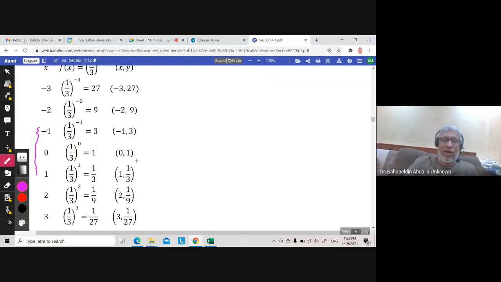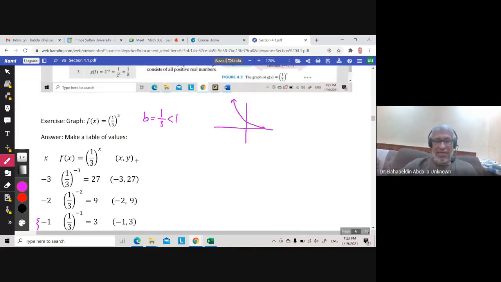At -1, if x is -1, 1 over 3 to the power -1 is 3. I will make it accurate now. At -1 it's 3.